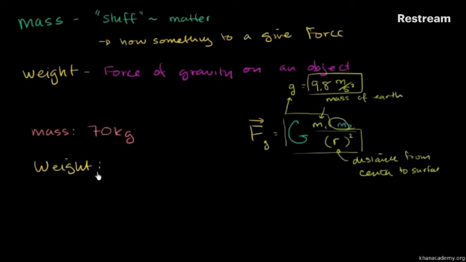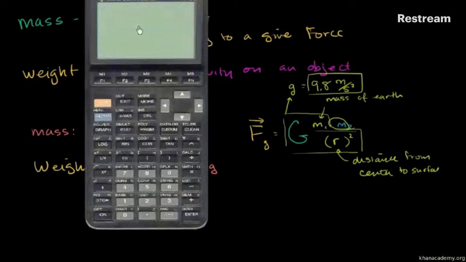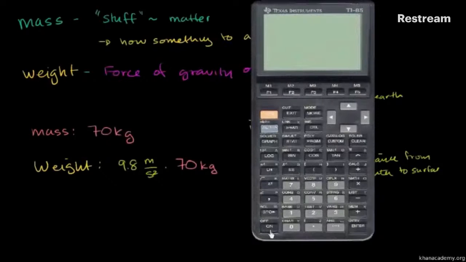So my weight on the surface of the Earth is 9.8 meters per second squared times my mass, times 70 kilograms. I was going to round it to 10 and say it's about 700, but let's just actually calculate it.